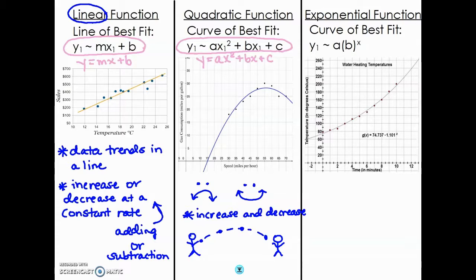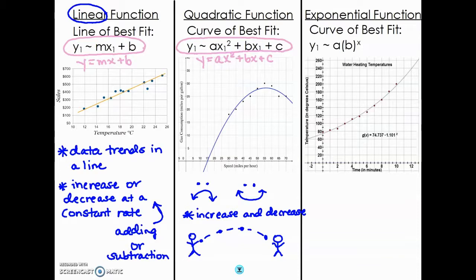For exponential, we have a curve of best fit again. If I draw a line through this, it would not be best fit for the data because I'm missing all of these points above here. I'm not including all my data, so a line would not work here. So let's get rid of that and think about an exponential curve of best fit.